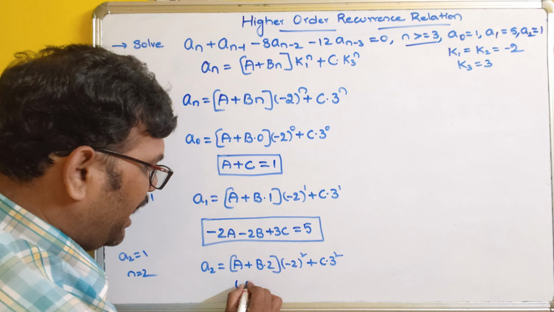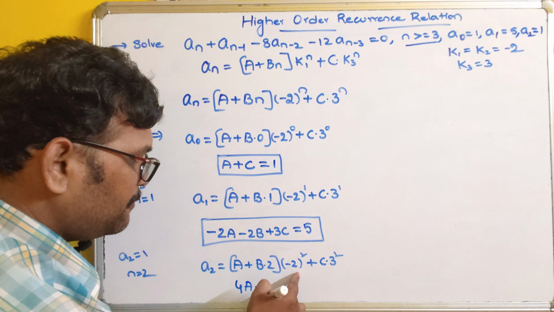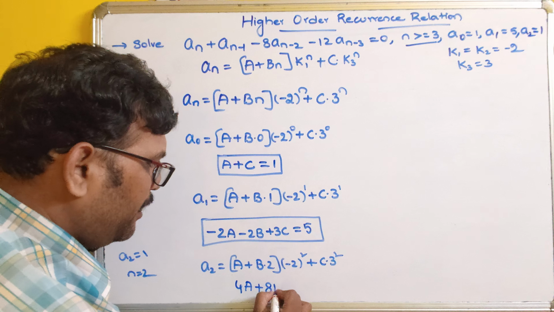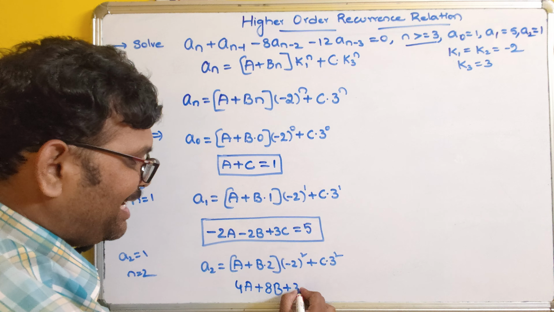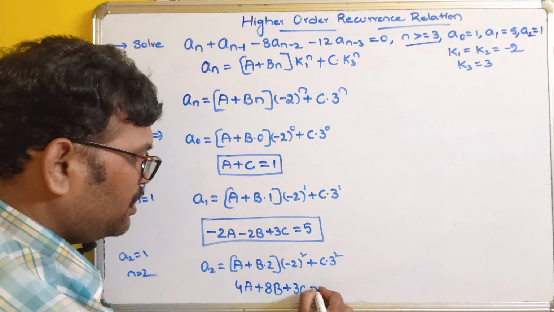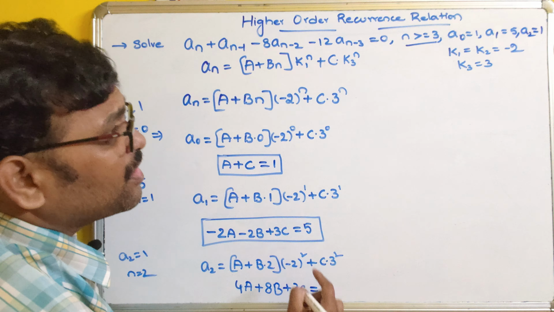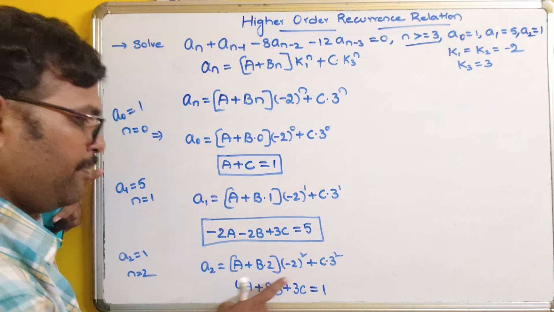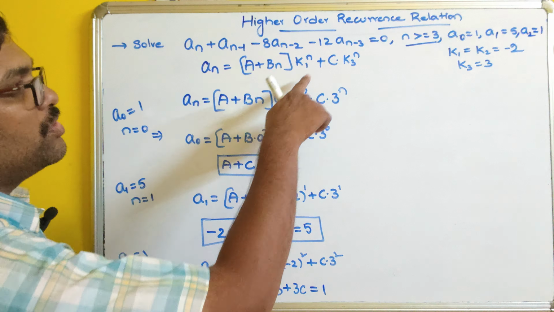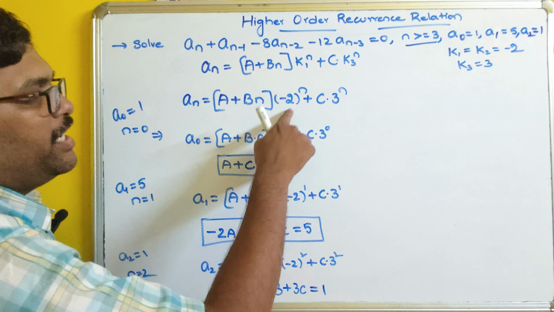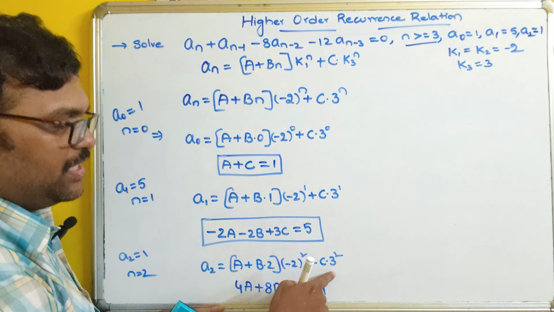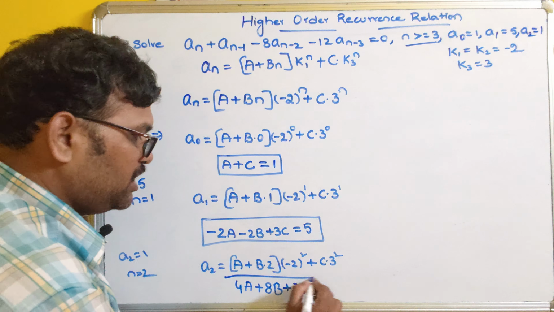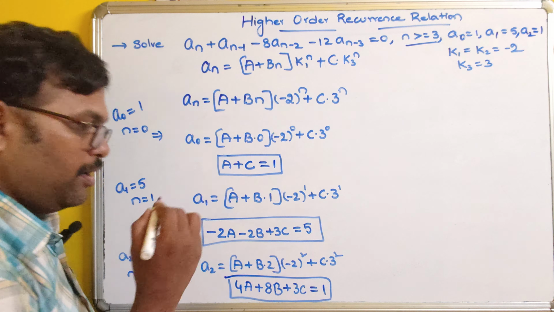It will be a plus 8b plus 9c is equal to 1. So here we are getting k1 as minus 2 power 2, which is 4. So this is one more equation.